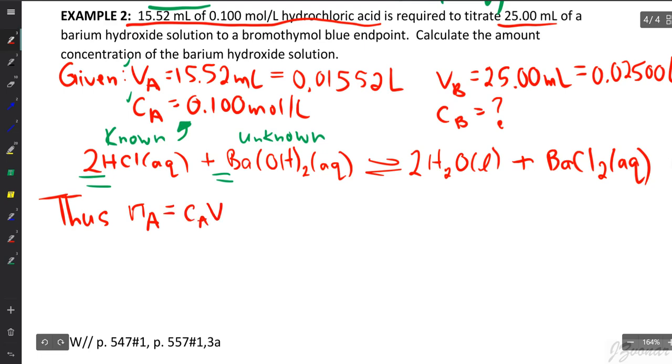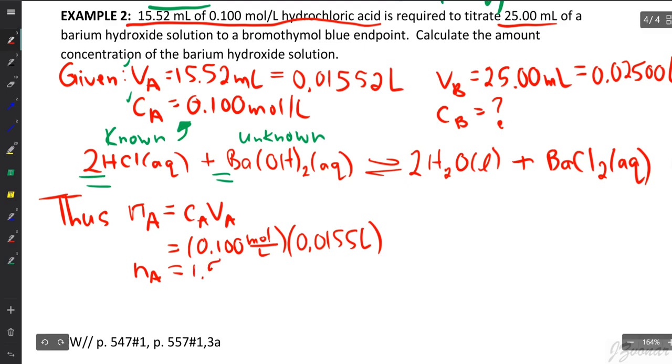It's rearranging the equation, and let's plug in our numbers here from the given, making sure that my volume is in liters in order for us to multiply. This now gives me my number of moles of 1.552, keeping an extra decimal place there, times 10 to the negative 3 moles.